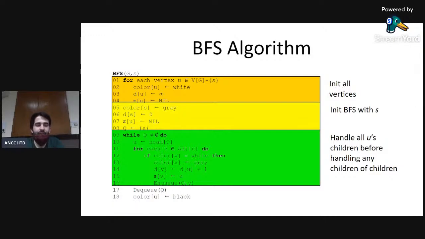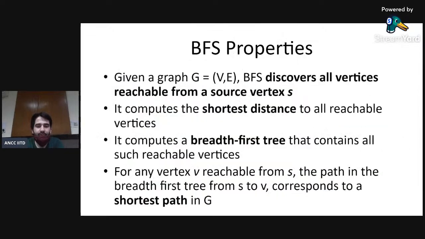So if you say that the shortest distance to V is in fact not 10 but 7, then this step should have happened for some U which has a distance of 6. So you can move along this intuition to prove it formally.